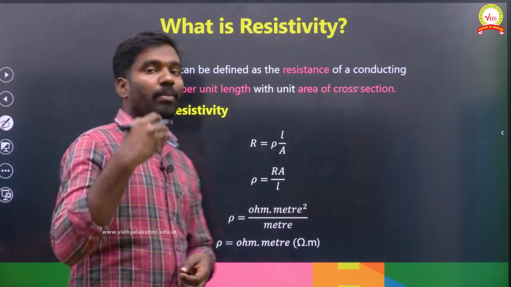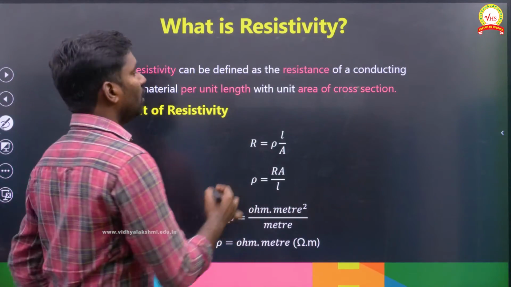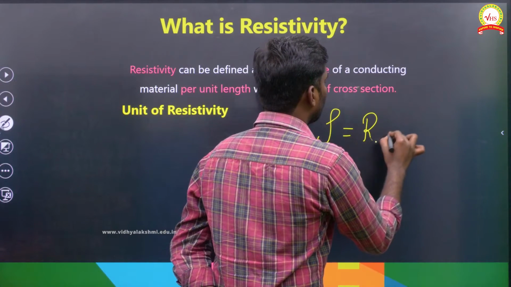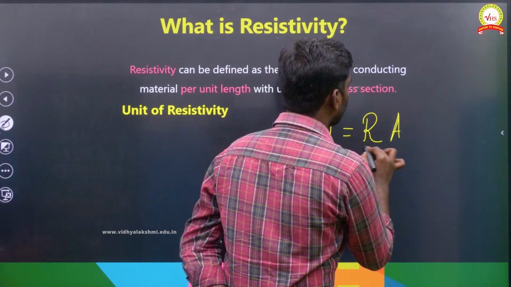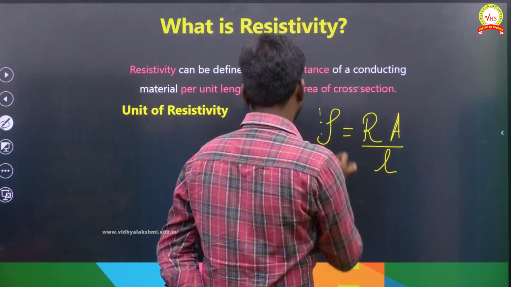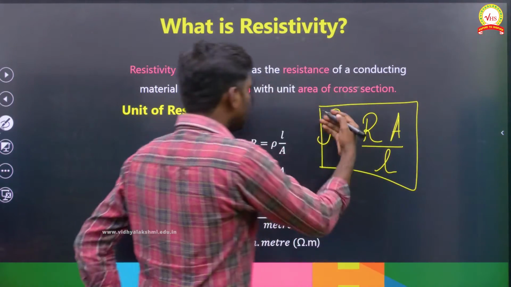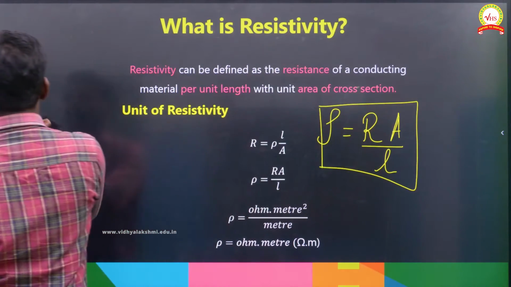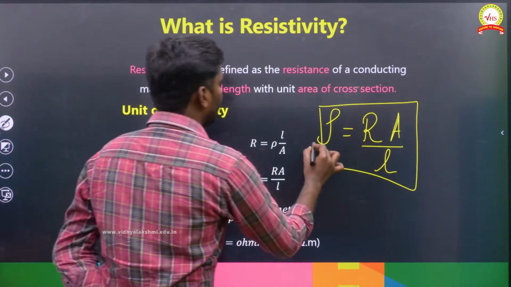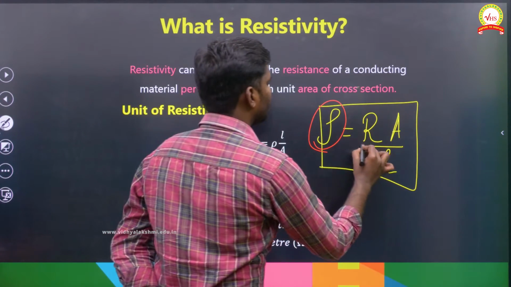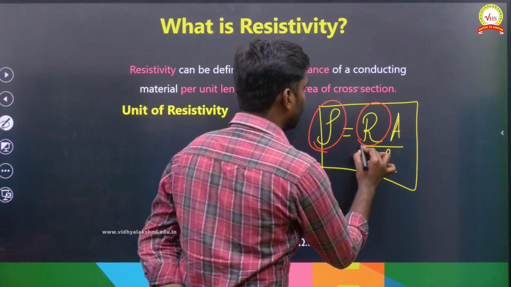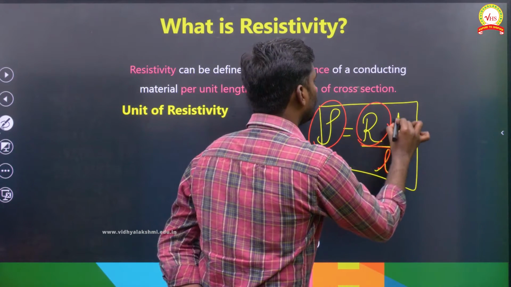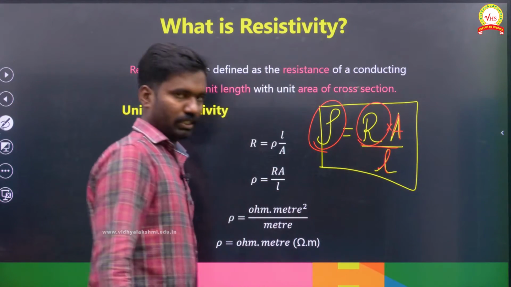So what does resistivity mean? Clear? So the final formula you obtained over here is rho is equal to R A by L. By using this formula itself, we can define the resistivity. So how can we define the resistivity? Resistivity is defined as the resistance of the conducting material per unit length with unit area of cross section.